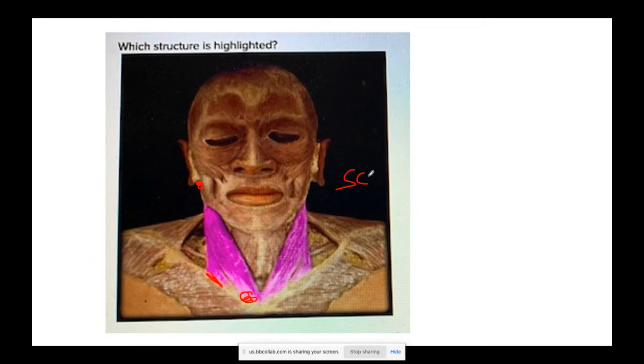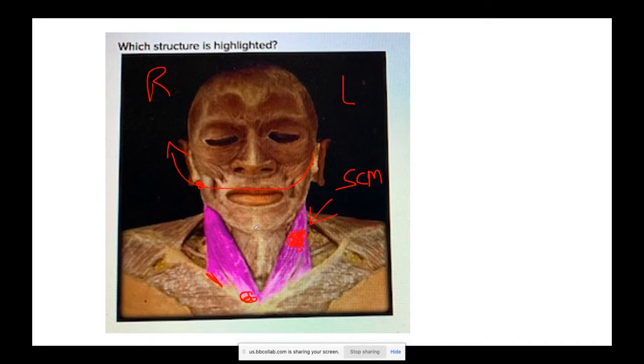So we would call that the sternocleidomastoid. This one on the left side, on this person's left, because this is their left and this is their right. So when their left SCM contracts, it'll rotate the head to the right. That's when this one contracts. Okay?